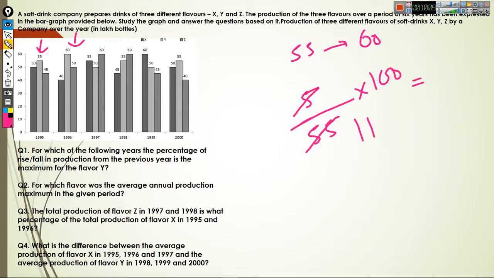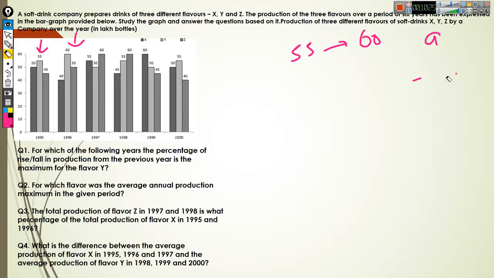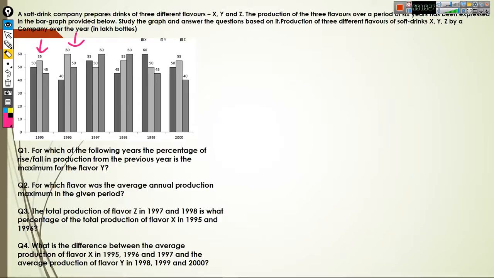It means the percentage increase was approximately 9 point something, 9.09. So we can take approximately 9% increase in production of Y from 1995 to 1996. We will note it here. In the exam you have to note this value in your rough sheet. So in this year the production increased by 9%.